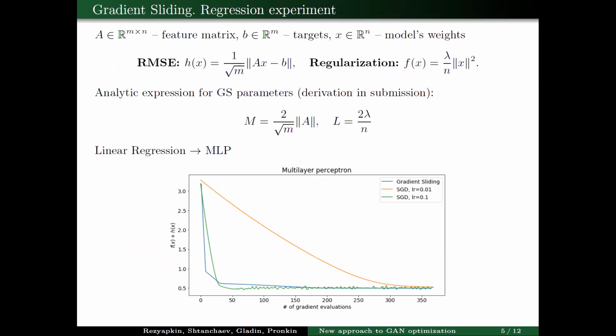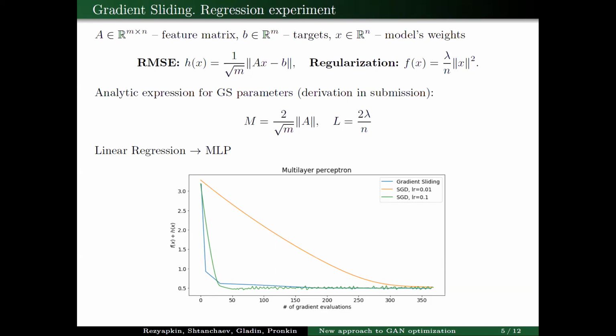Okay. In the first experiment, we considered regression problem. Since the algorithm requires constants defined above, such as Lipschitz constants for loss as function of its parameters, we analytically found them for linear regression problem. You can see formulas on the slide, and details of derivations can be found in our report.